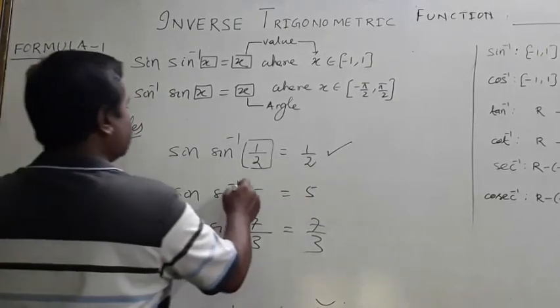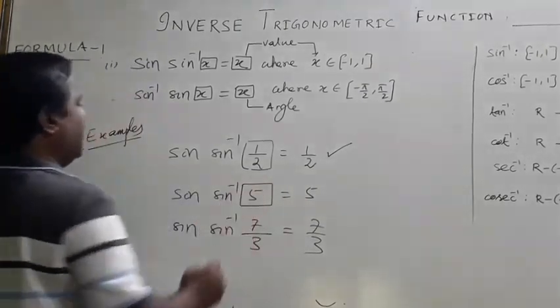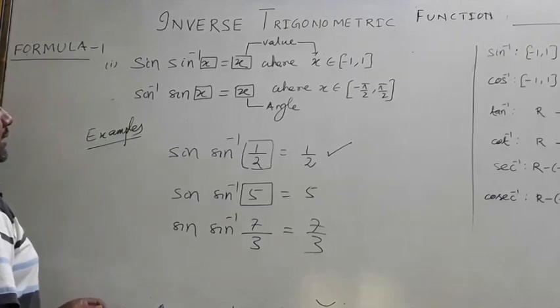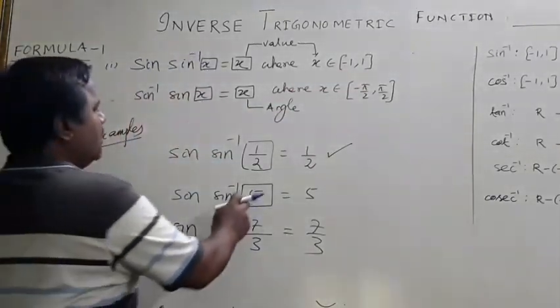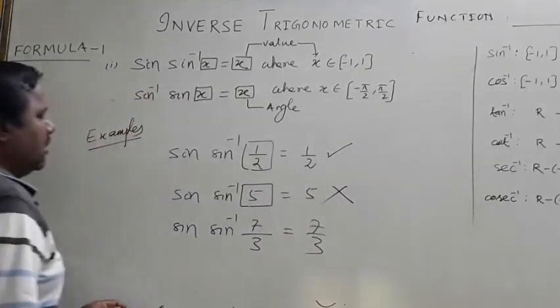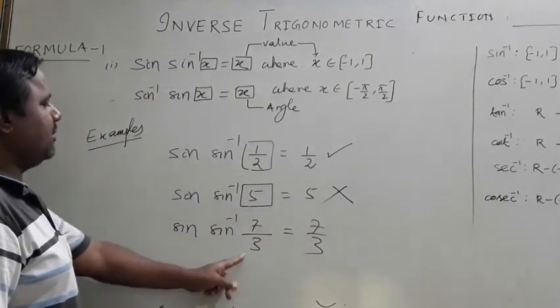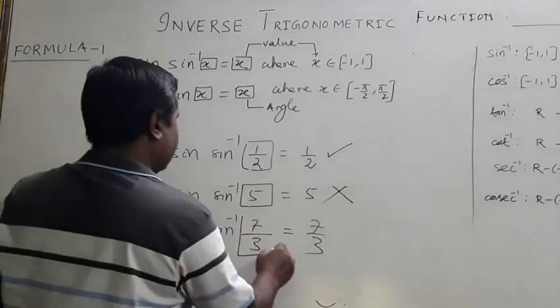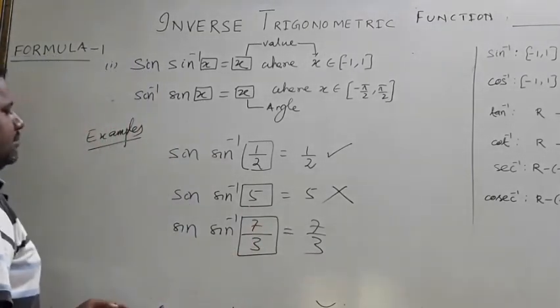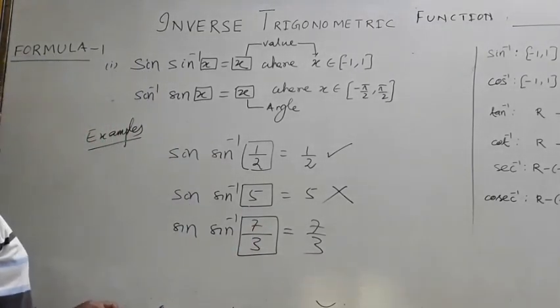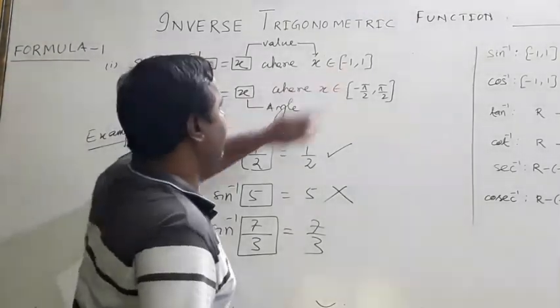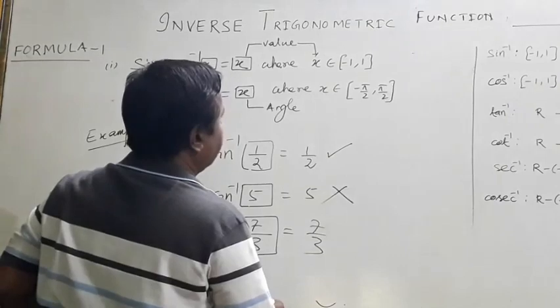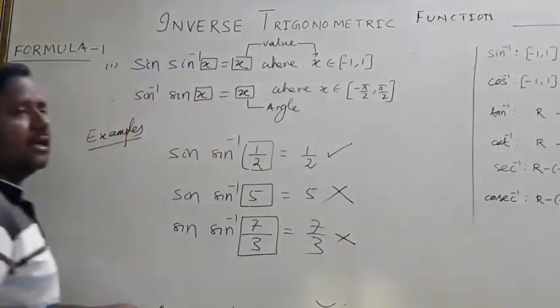Now tell me, does 5 lie between minus 1 to 1? Certainly not, so this is wrong. Sin inverse 7 by 3 is equal to 7 by 3. As this does not lie between minus 1 to 1, it is wrong.